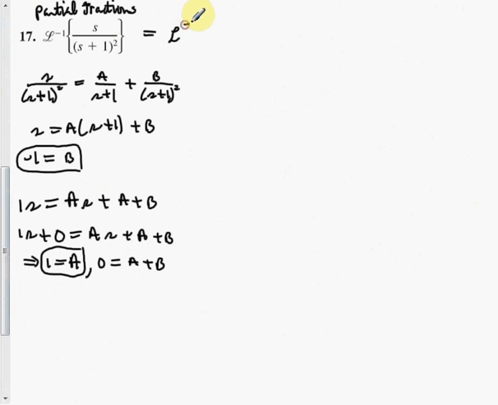This is the inverse transform of A. A is 1 over s plus 1. And then plus B over (s plus 1) squared. B is negative 1. So we say negative here times the inverse transform of 1 over (s plus 1) squared.